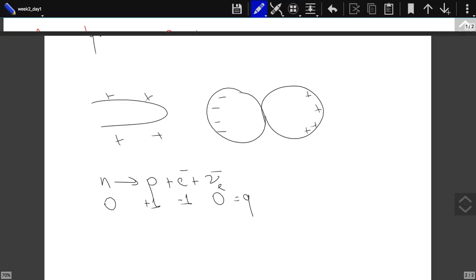But as far as we know, if you just have a proton over here, it doesn't interact with anything. It will just stay there for the age of the universe. It will not change. Nothing will change, as far as we know. The current limits are longer than the age of the universe for a change in the proton.